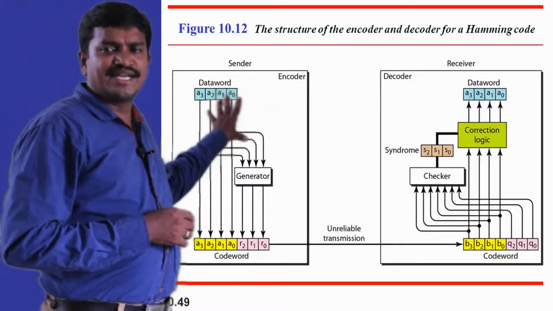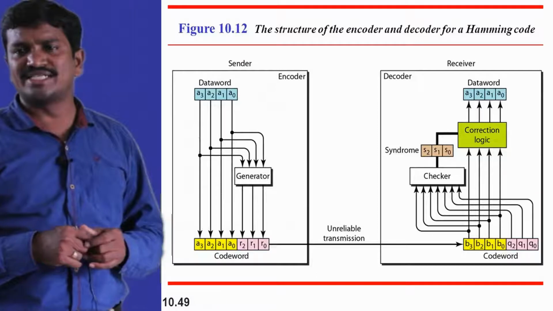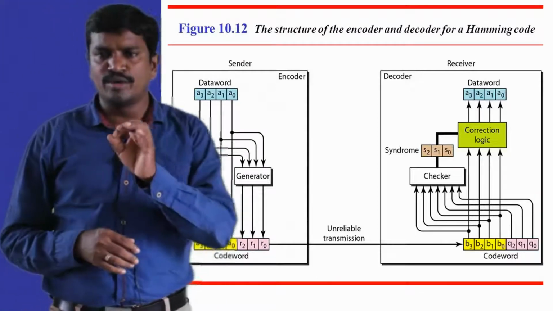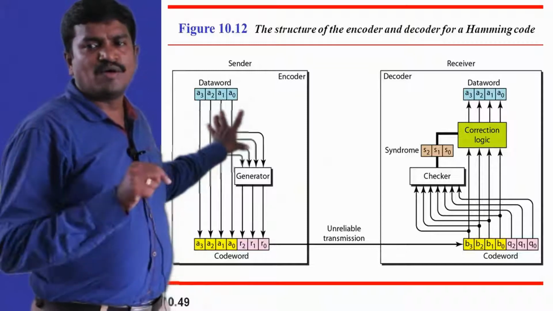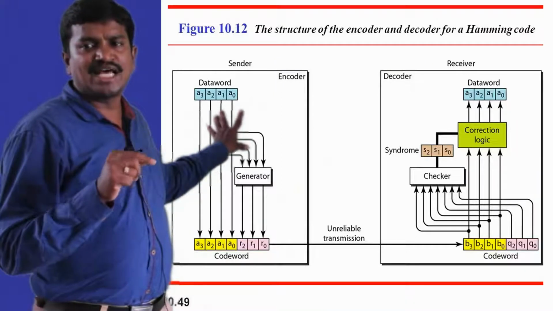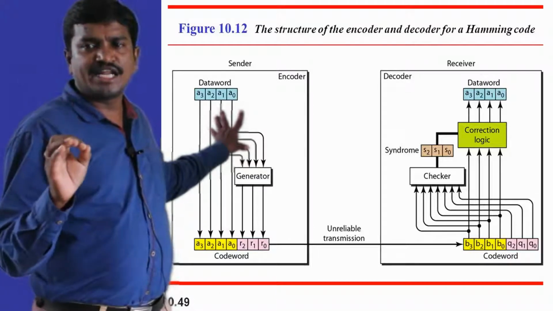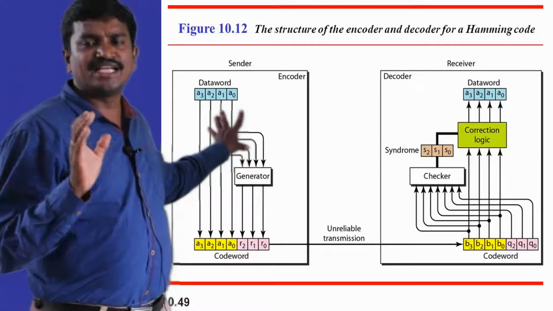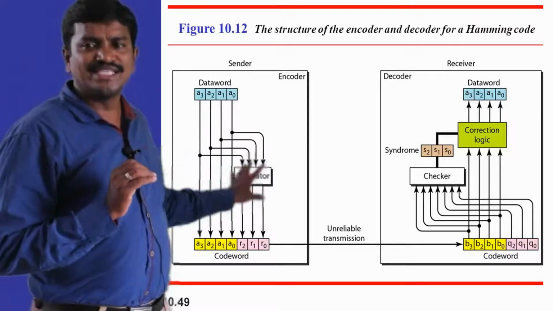When 4 bits are there in the data, how many redundant bits are possible? From the previous table you can say 3 are possible. You remember, when the data word has a size of 4, 2 power r is greater than or equal to 4 plus r plus 1. Wherever that r matches the equation, that r is considered the number of redundant bits. So in this case it is 3.